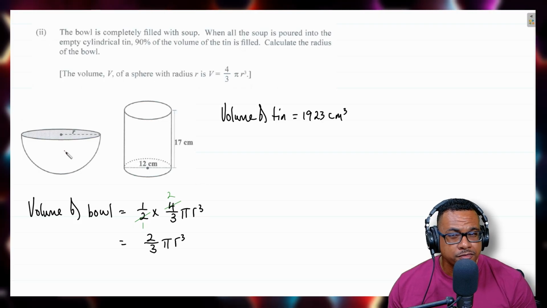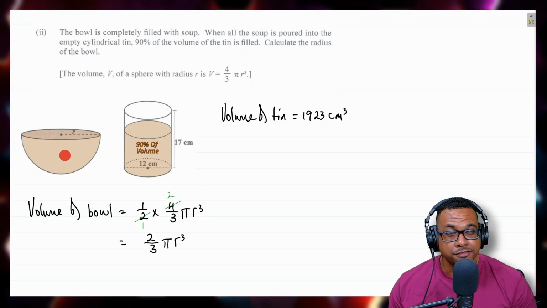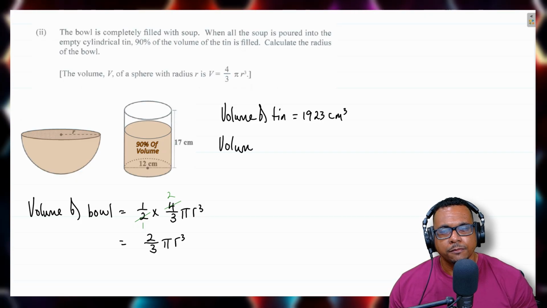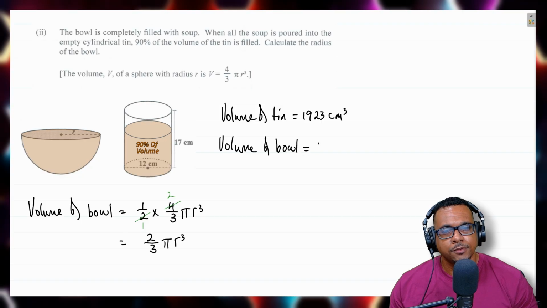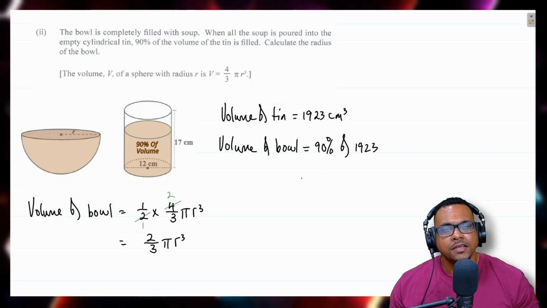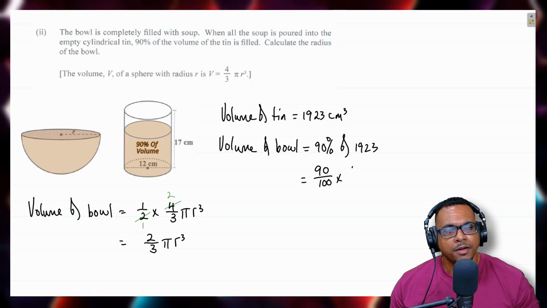And remember, the volume of the bowl is 90% of the volume of the tin. So volume of bowl is equal to 90% of 1,923. So that is 90 over 100 multiplied by 1,923 over 1.